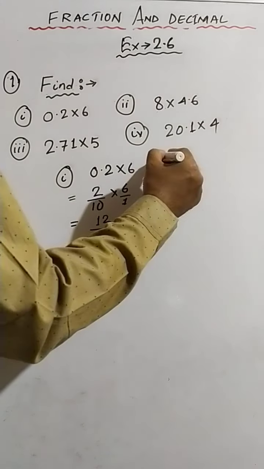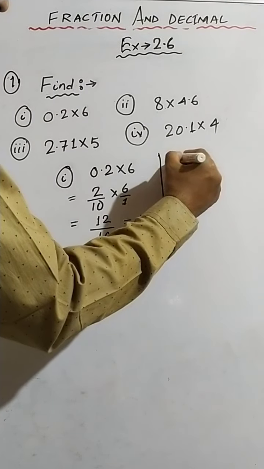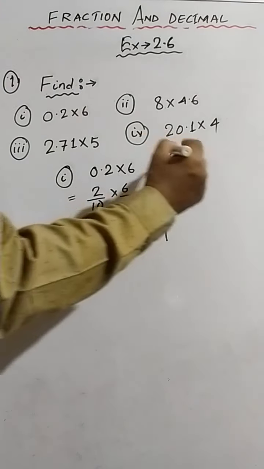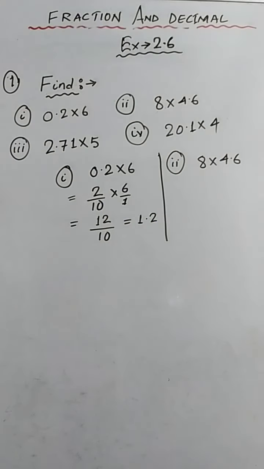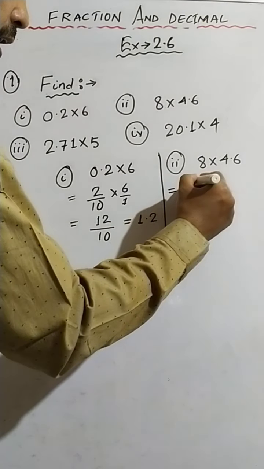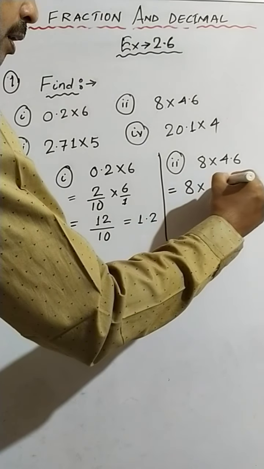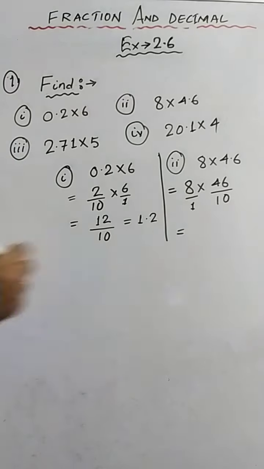Fine. So let's now solve number 2. What do we have in number 2? We have 8.46, isn't it? Now again we'll convert it into the fractional form. That is 8 into 46 by 10. Now what do we have to do? We have to multiply, isn't it?